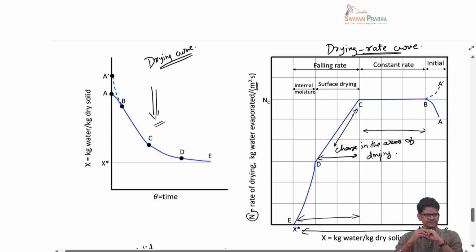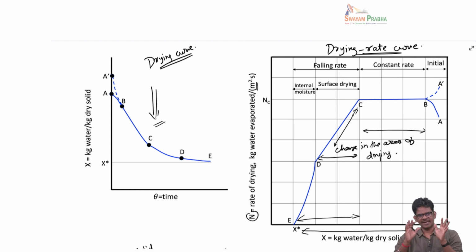And then after some time what will happen, even all the other film will also completely dry, the entire outer surface is now dry. Now, if it still has to dry, moisture will have to come from the interior to the surface, right.